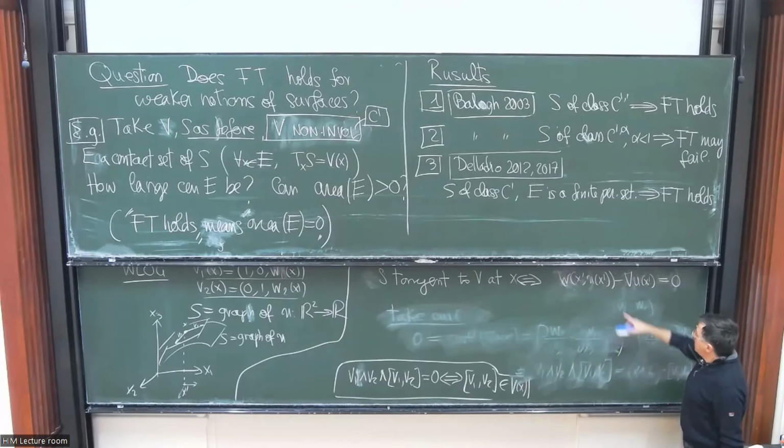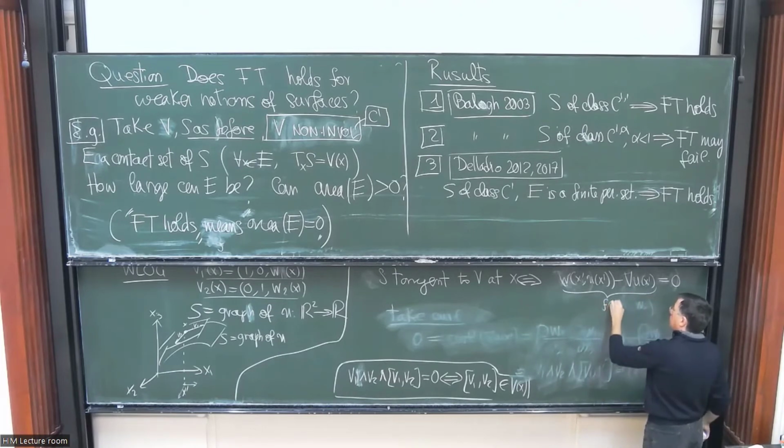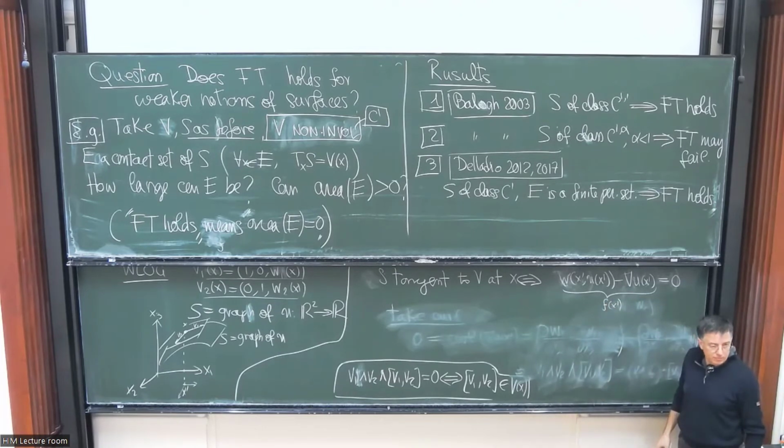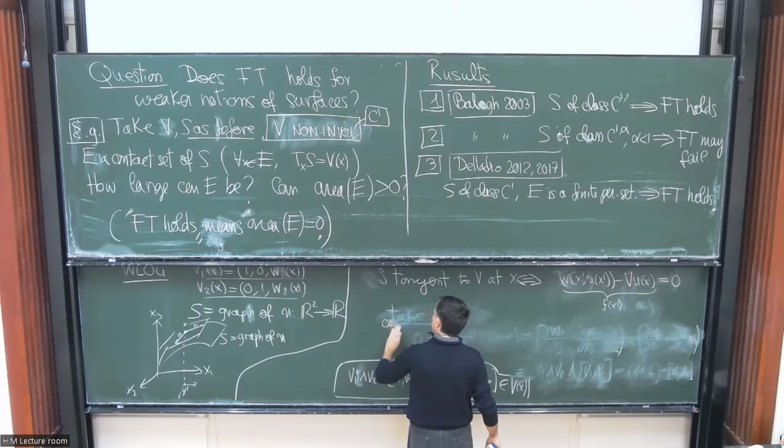Now let's say that I compute the curl of this quantity. Let's call this F. This is a vector field in R2, and I compute the curl of this, which I can do in the sense of distribution. So there is no problem.